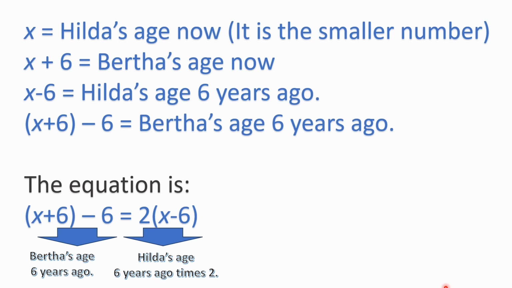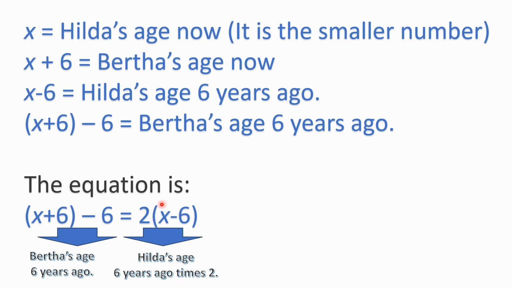When we create our equation, we said 6 years ago, Bertha was 2 times as old, or twice as old, as Hilda. So we'll go back 6 years. Bertha's age 6 years ago was x plus 6 minus 6, and Bertha was twice as old as Hilda back then.